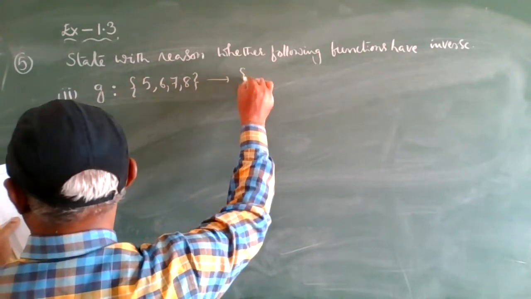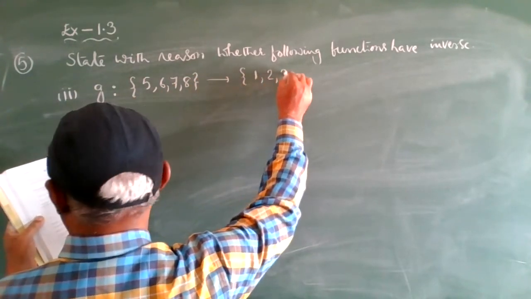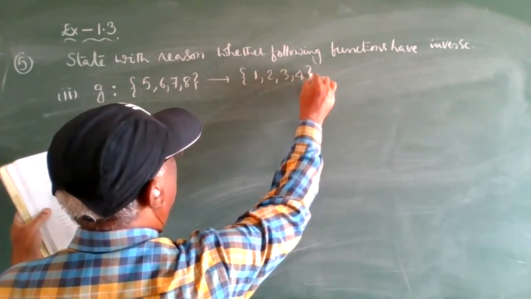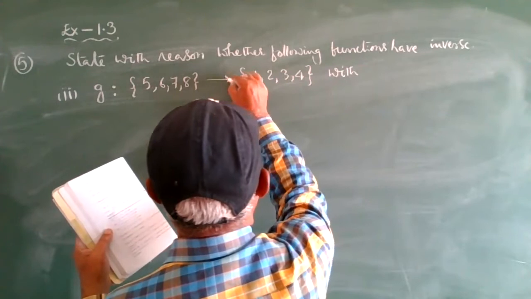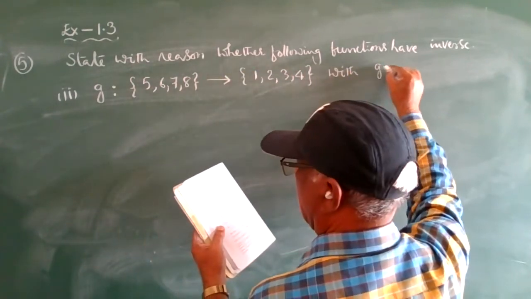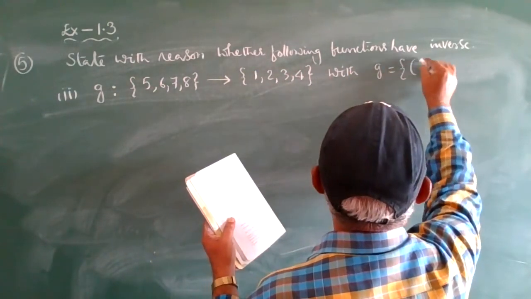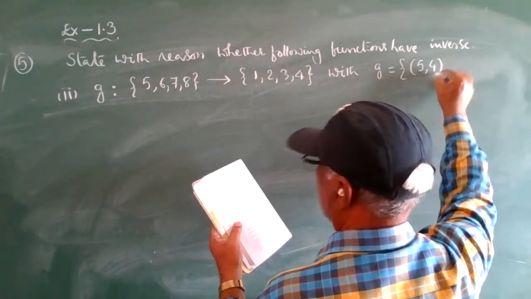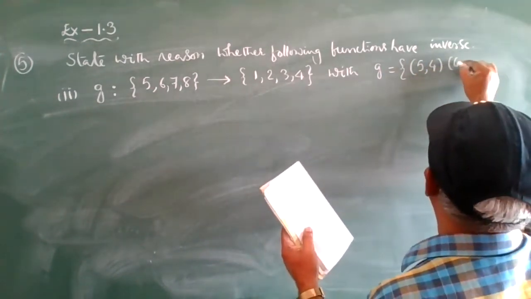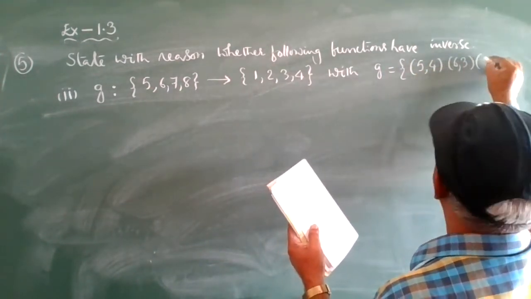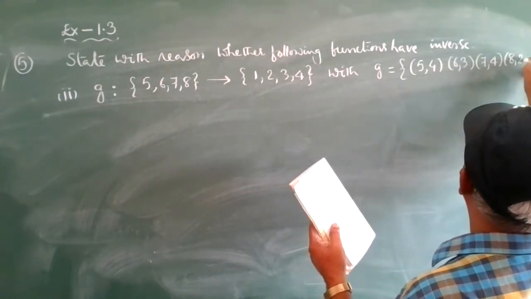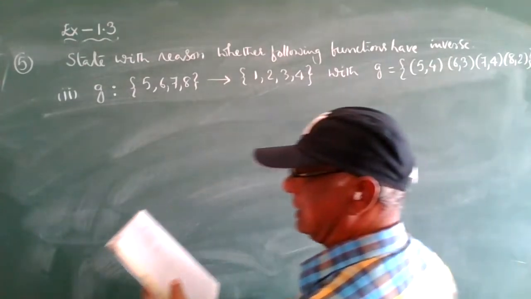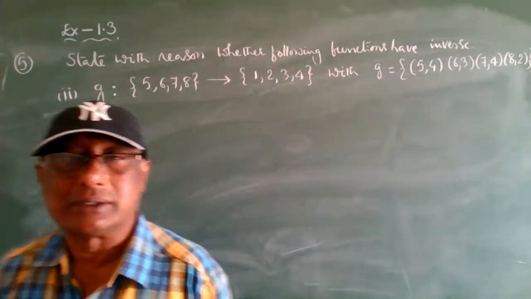Codomain is {1, 2, 3, 4}. The g mapping is given: 5 to 4, 6 to 3, 7 to 4, 8 to 2. Has an inverse, or has no inverse?